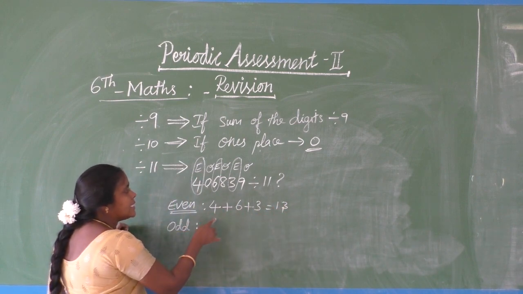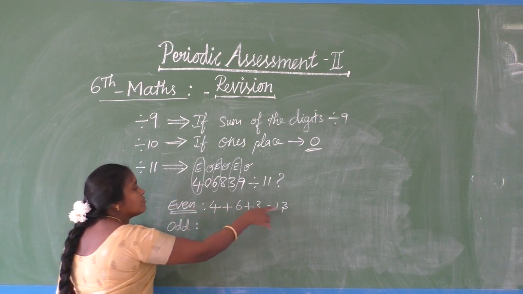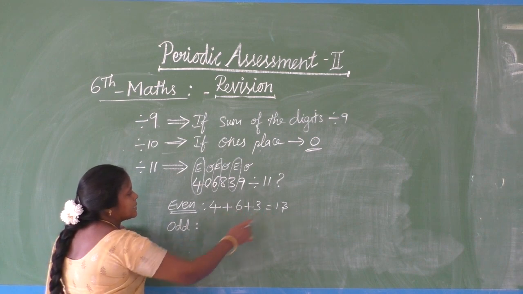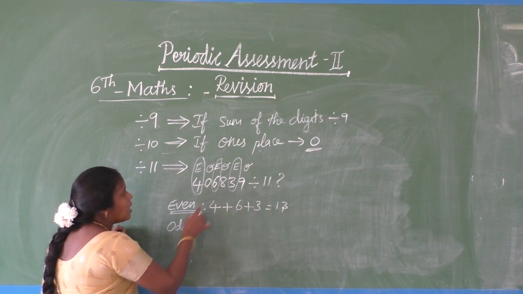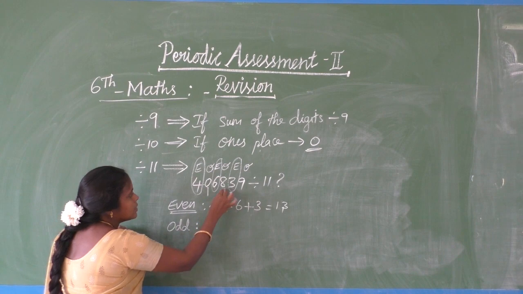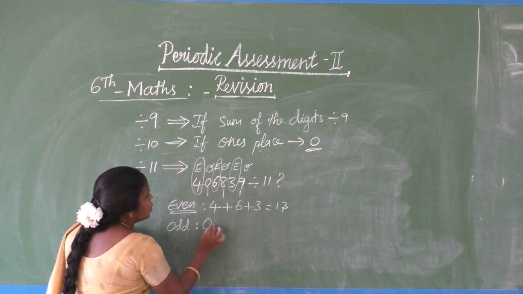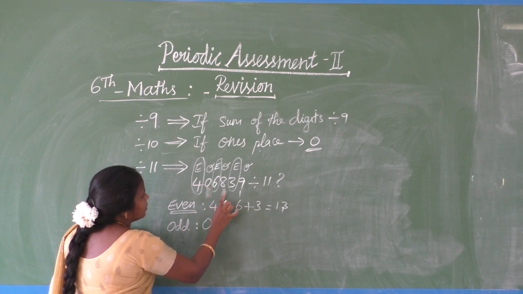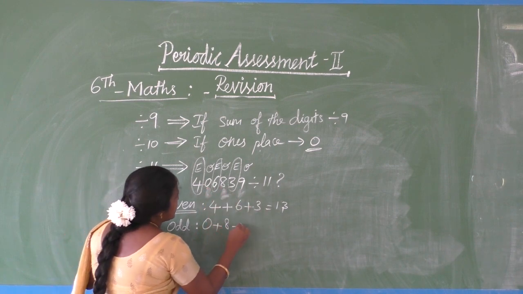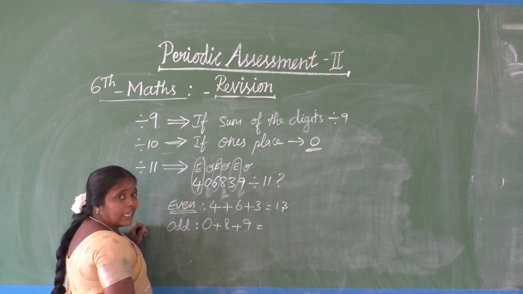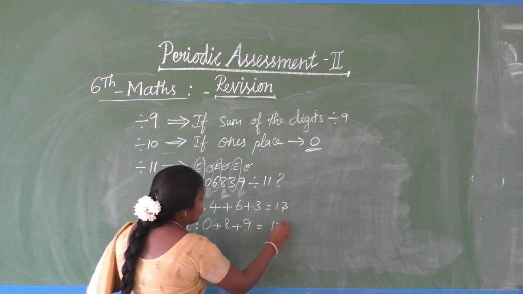Sum of the digits at even places we have taken. Clear? Likewise, odd places numbers: here 0, here 8, here 9. So 8 plus 9, 17. 17 plus 0, 17 only.